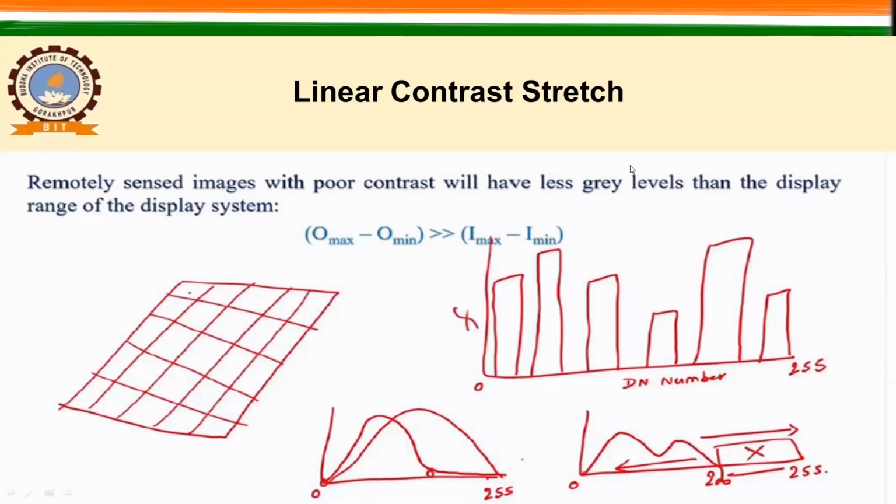It is always seen in remotely sensed images that your histogram will be something like this, or it can be like this, right? So what is happening here? Basically, you are not occupying the full 0 to 255 range. Here this is empty, there is no data here. All the values are from 0 to maybe let us say 200. All the values of your image are basically starting from 0.